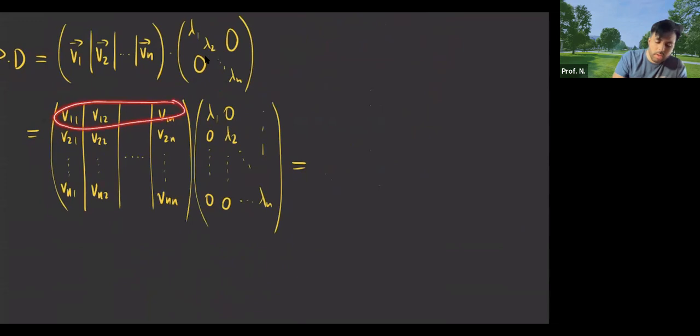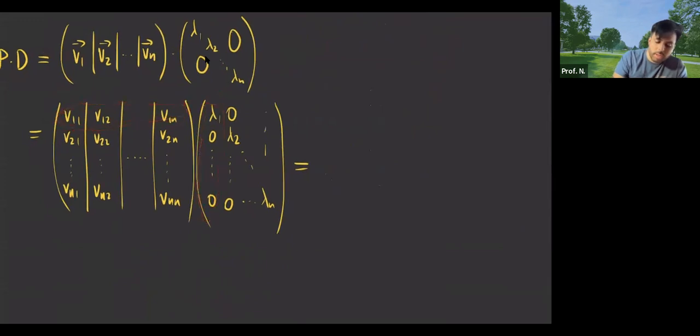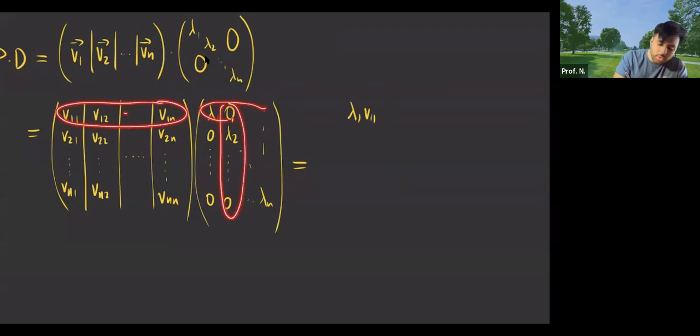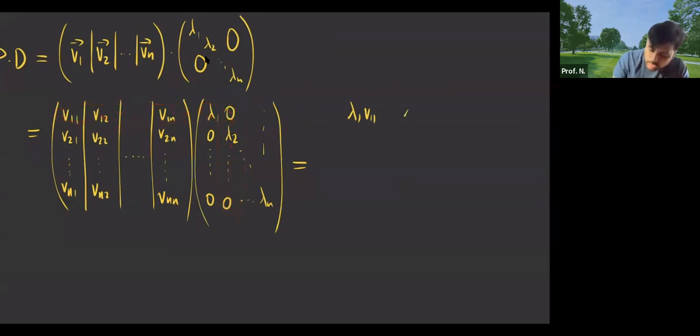First row, first column. When I do that, all these zeros cancel out all of the entries in the first column, and all I'm left with is lambda 1 V11. Then the first row with the second column: all the zeros cancel out all of them except for V12, so this would be lambda 2 V12.